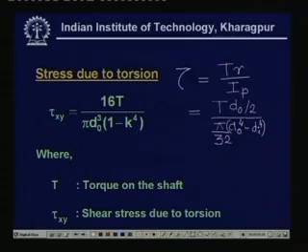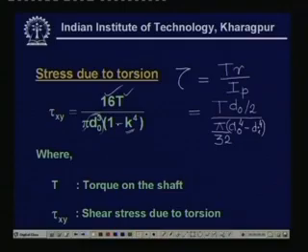So, this 32 goes up, divided by 2, so that comes out to be 16. T is present as usual, pi is here, you take out d0 to the power 4, then 1 d0 is above, so it comes out to be d0 cube, and as you have taken out d0 to the power 4, this comes out to be k to the power 4, where k is the ratio di by d0. So, eventually if k is 0, meaning a solid shaft, you get 16 T by pi d0 cube.